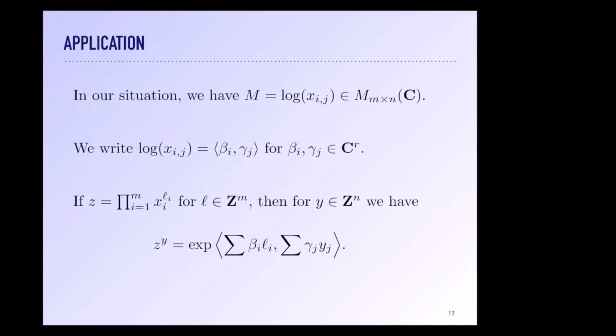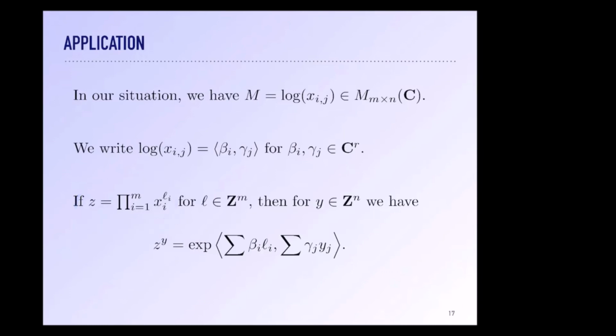Okay, and so if I have my z's, remember what my z's are in this confusing notation. x_1 through x_m are these rows in C star to the n, and you're looking at elements in this box.